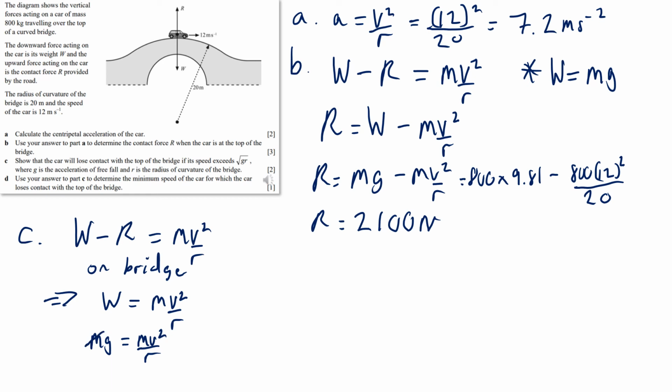If we make v the subject, we bring the r over, so v squared will be equal to gr, and v is equal to the square root of gr. So that's part C done.